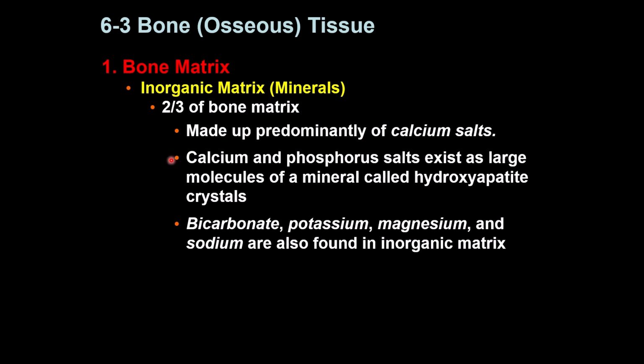The most important calcium salts are calcium phosphates, and they usually combine with calcium hydroxide to make crystals called hydroxyapatite, or bone apatite. There are also some other minerals, like sodium, potassium, bicarbonate, magnesium, manganese, fluoride, and iron.